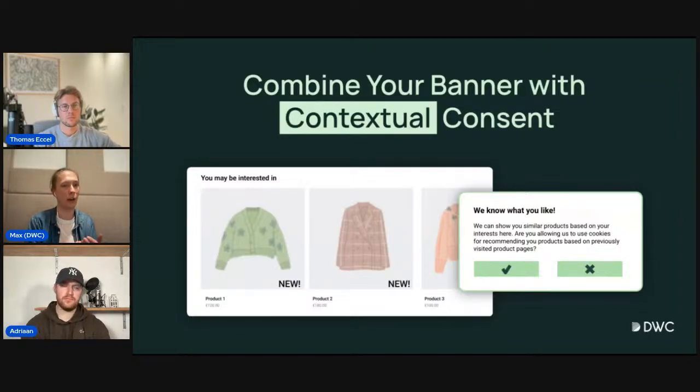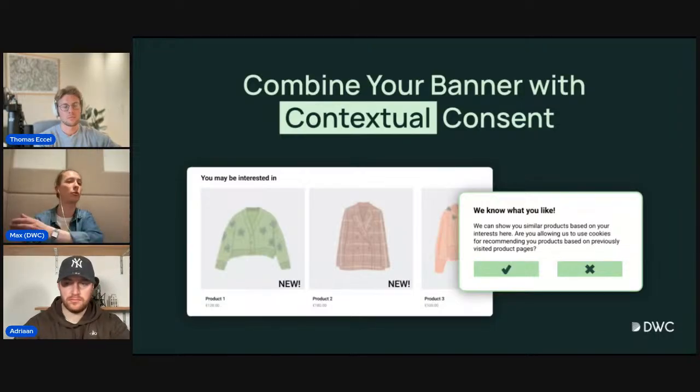If you allow us to set a cookie on your device and to actually collect information about what products you liked previously, then we are able to provide better recommendations. And we had quite a significant amount of users who then changed their preference through this contextual modal. So from the users who did not agree in the first place, a huge percentage then agreed in the second place in that contextual modal.